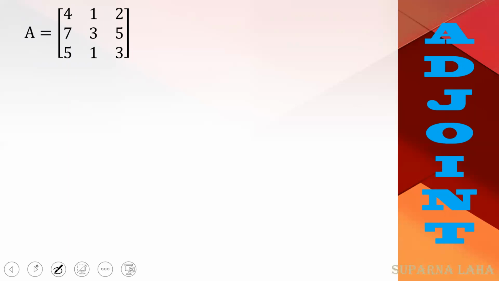Now you need to know how to find minors and cofactors. You know how to find them, we already learned it. So for 4, the cofactor is the determinant of 3, 5, 1, 3. And for 1, the cofactor is definitely with its sign minus, and then 7 5 5 3.